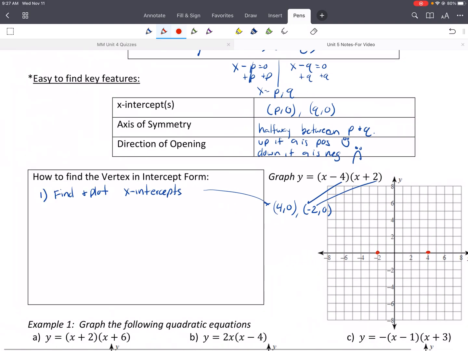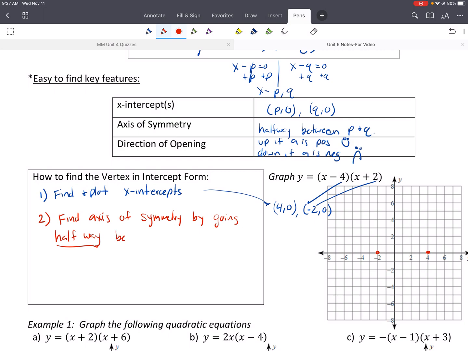Next, we will want to find the axis of symmetry by going halfway between the x-intercepts.